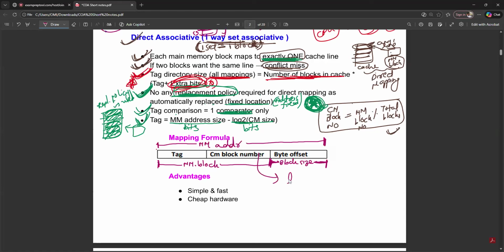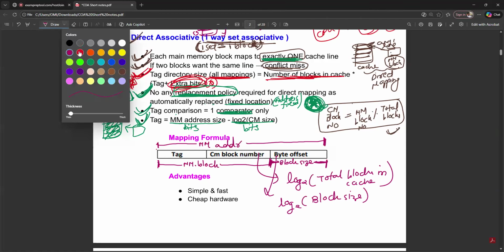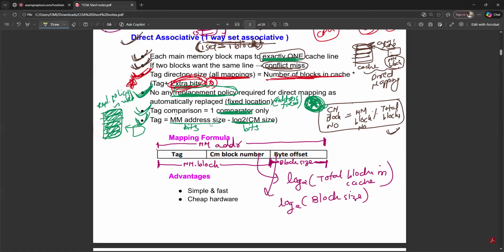You can find it with the help of log of the total number of blocks in the cache. These are in terms of bits, so you can easily find all this information. I explained earlier how you can find the total blocks in the cache memory.